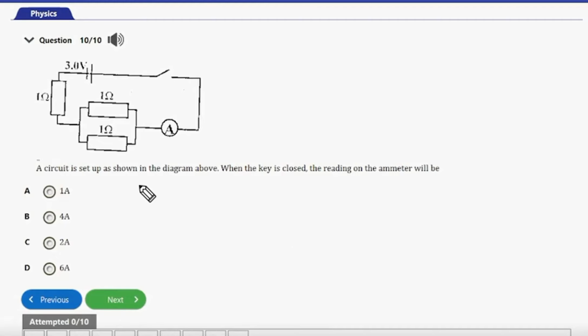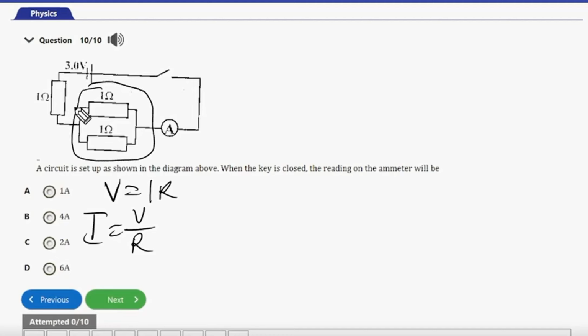Now first of all, if we want to get the reading on this ammeter, we have to understand this formula. V is equal to IR, right? And the I, which is the current here, will be equal to V over R. But in order for us to get the total resistance here, we have to find the resistance for this parallel connection and then add it to that of this series connection in order to get the total resistance.